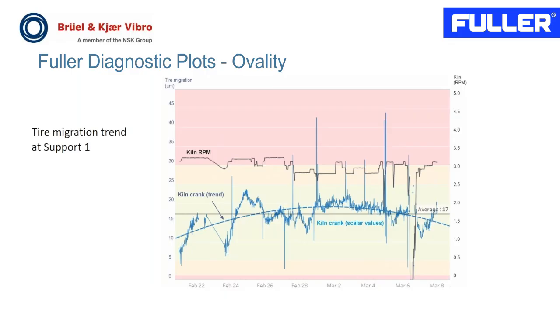On the other hand, increasing coating inside the kiln and increasing wear on the parts can over time lead to increased tire migration, which is also an unwanted effect. So what we want to do is to keep the tire migration at that acceptable level, and if we see patterns and trends towards any of the limits, then we give active recommendations to the customer on what they can do in order to keep it within the safe range.